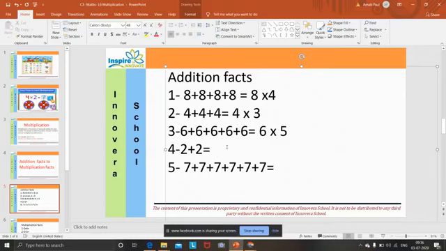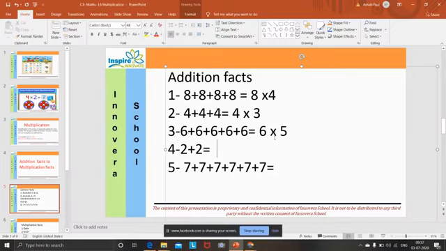Next one, 2 plus 2. How many times is 2 there? 2 times.